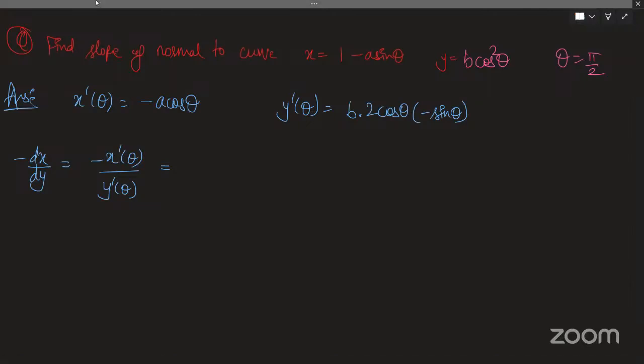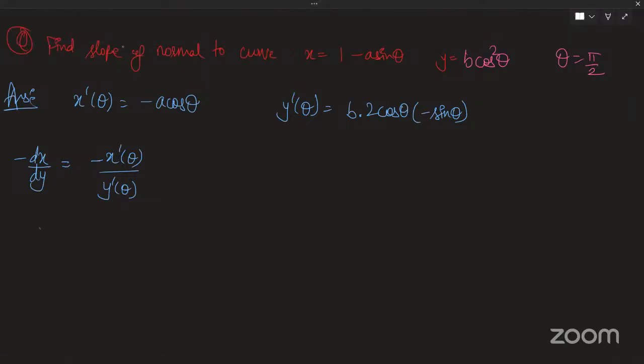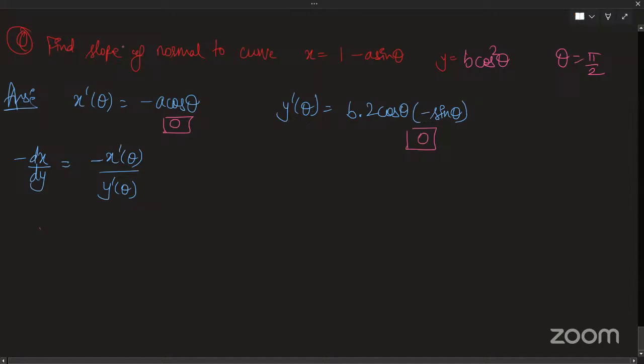So theta is pi by 2. Can you tell what is the value of x dash theta when theta is pi by 2? 0, sir. What about this value? 0.